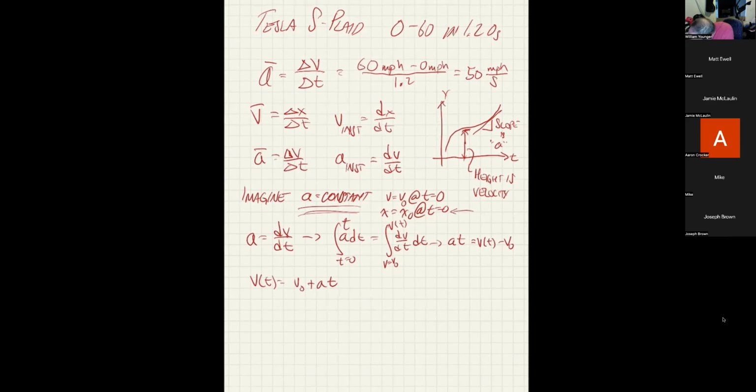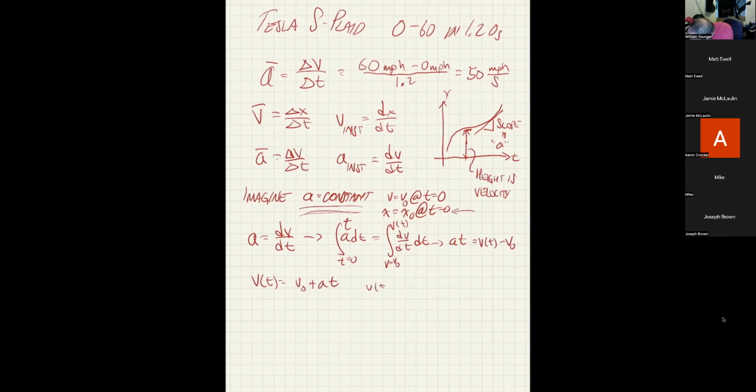Now I wanted to find x of t. Well, that's related to v of t equals dx over dt. So I can do the same thing again. I'm going to say v0 plus at is equal to dx over dt.